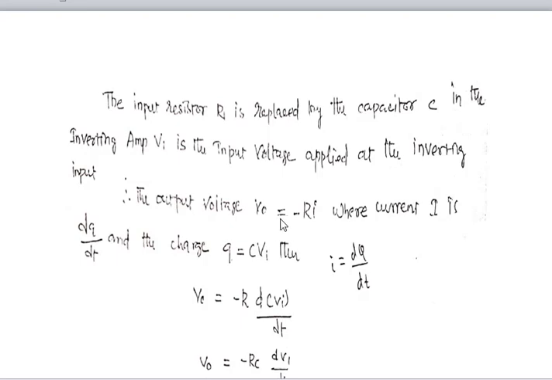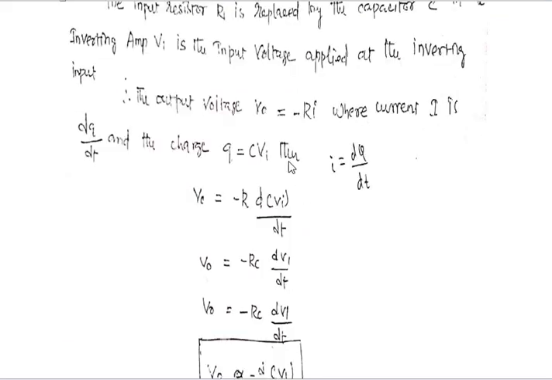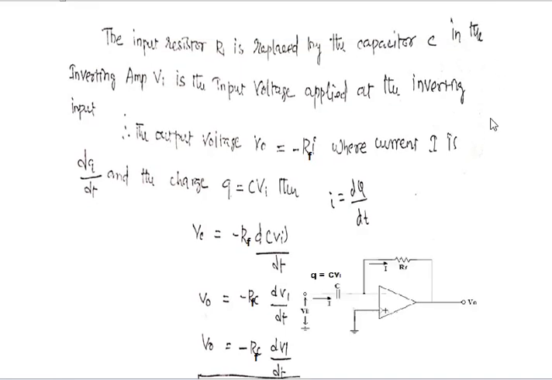So we get the output voltage V out equal to minus Rf into current I, where Rf is the feedback resistor. Here I is the current, and we know the current is equal to dq by dt. Q is the charge. Now the charge in the capacitor C, Q, is given as C into Vi, the input voltage Vi.